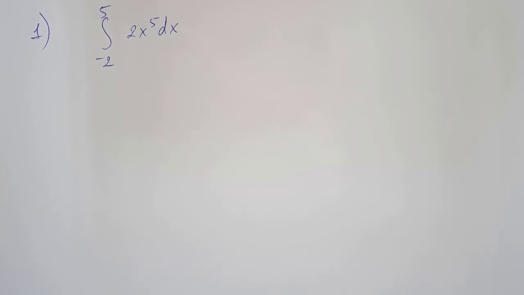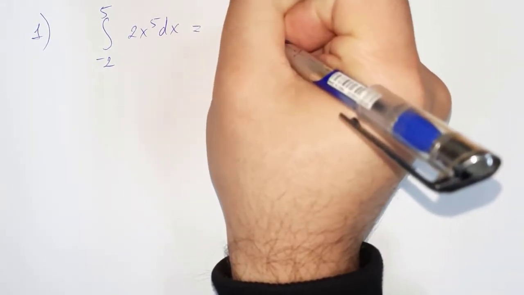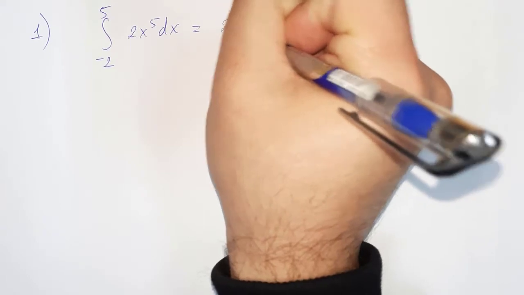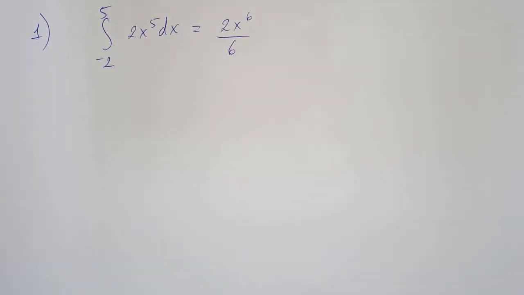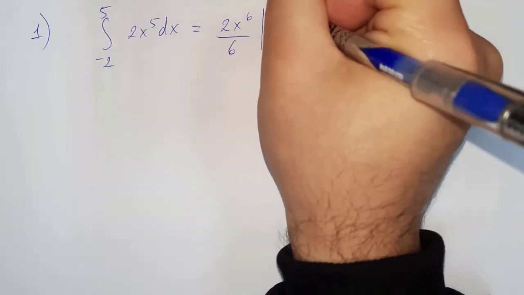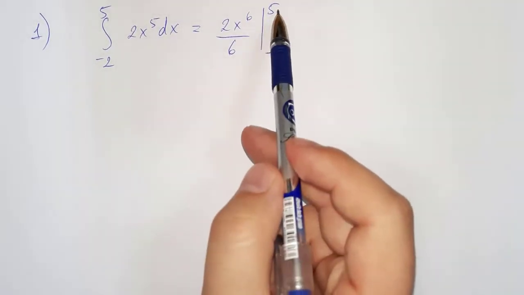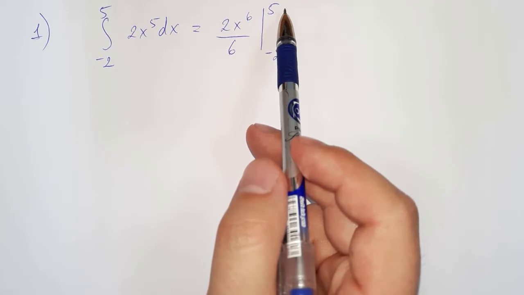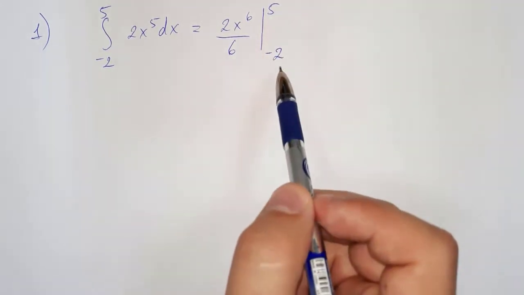Firstly, we need to find the primitive of this function. The primitive of this function is 2x to the sixth over 6. And we write it like this, with the vertical bar, -2 and 5. It means the upper bound is 5 and the lower one is -2.